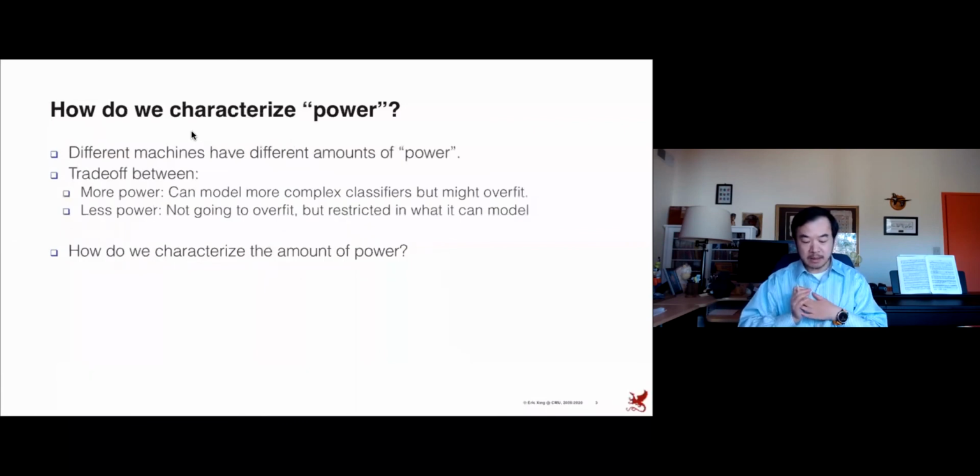So what do we mean by such a power? Well, let's think aloud and see what power usually connects to. For example, if I give you a hypothesis which is, let's say, a linear decision surface, it is just parameterized by a weight vector W, and W is basically a vector of weights.